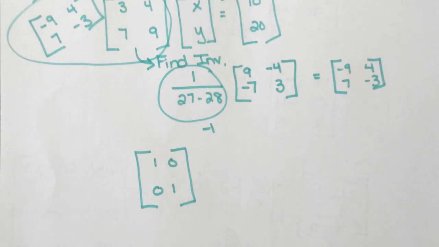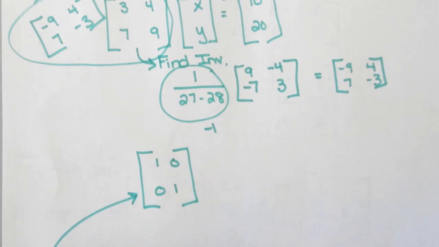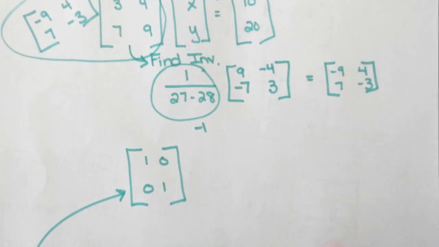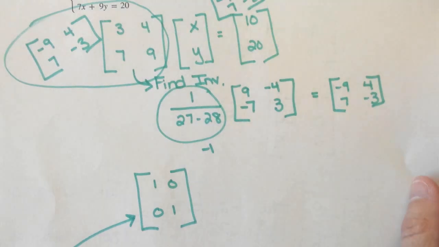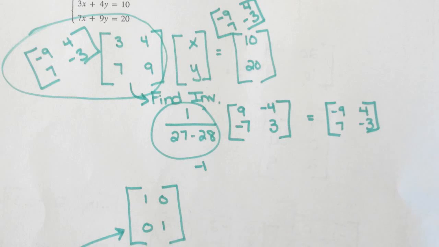That's what your identity matrix looks like. So that's kind of going to this question, what does the identity matrix look like? Again, 1s on the diagonal that goes top left to bottom right, and then the rest are zeros, and they only exist in square matrices. So you'd have to have a 3x3, a 4x4, so on.